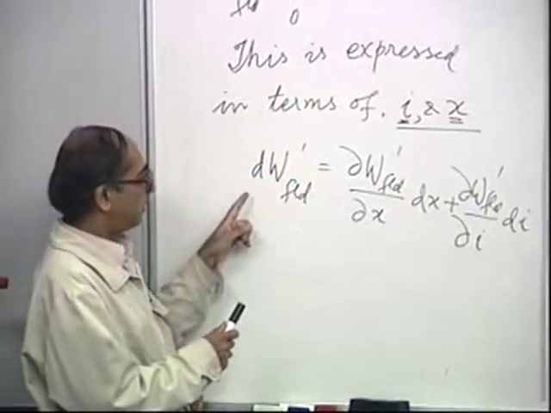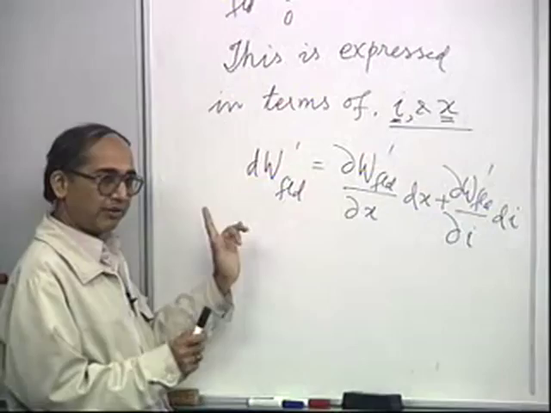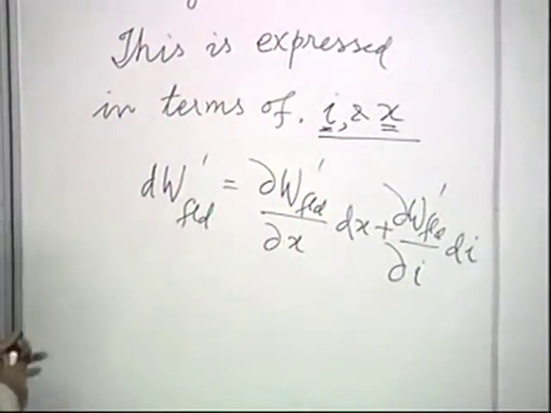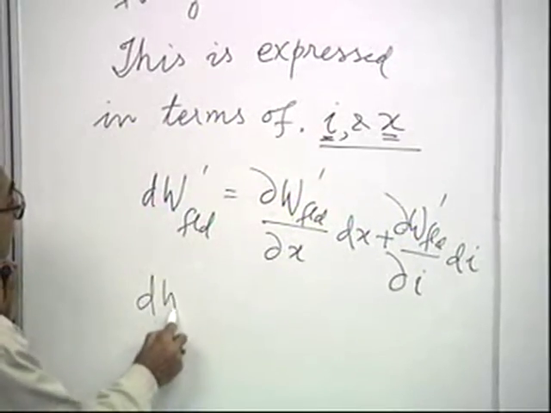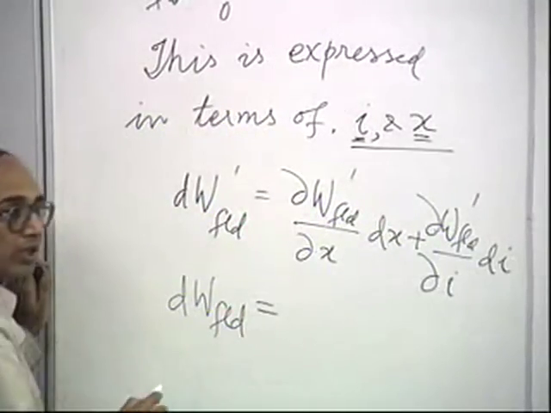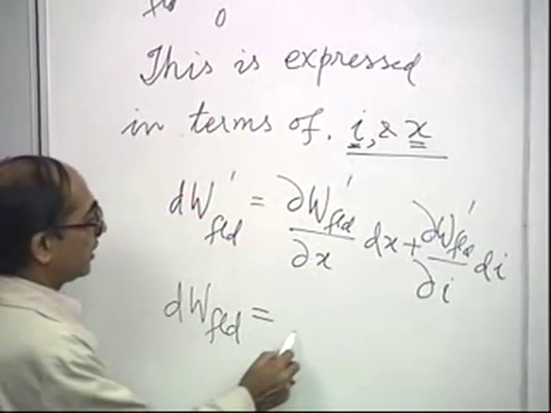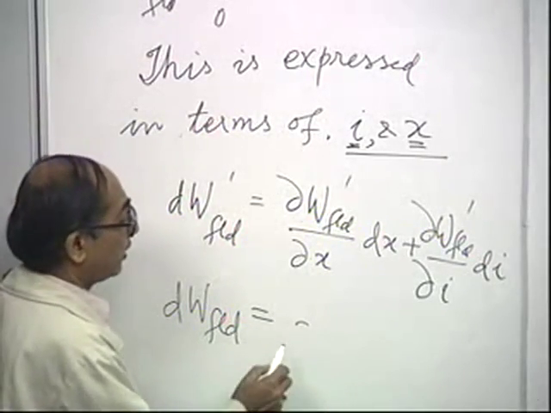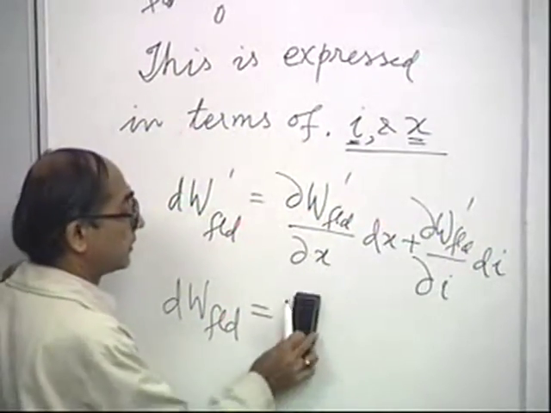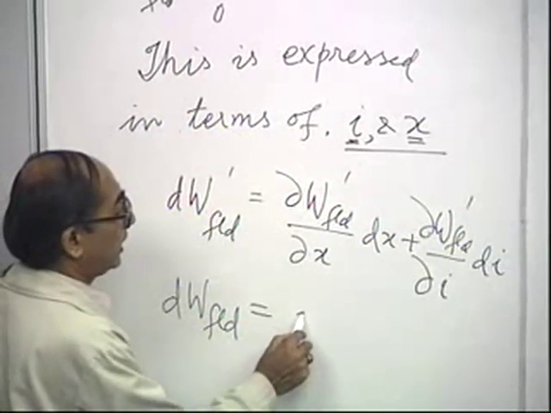Then we also knew that, what was the original equation? We had dW field equal to dW electrical minus F dx, isn't it? What was dW electrical? I d lambda.